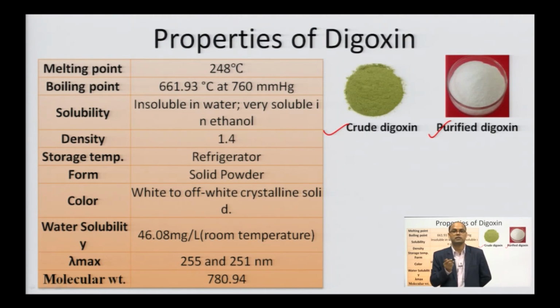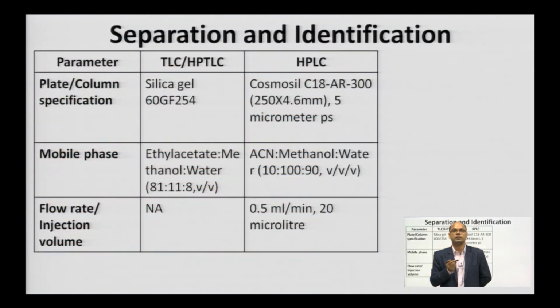Lambda max is the absorbance maximum. This is the wavelength at which this particular phytoconstituent digoxin shows the maximum absorbance in the UV spectrophotometer or UV radiations. Molecular weight of your phytoconstituent digoxin is around 780.94.